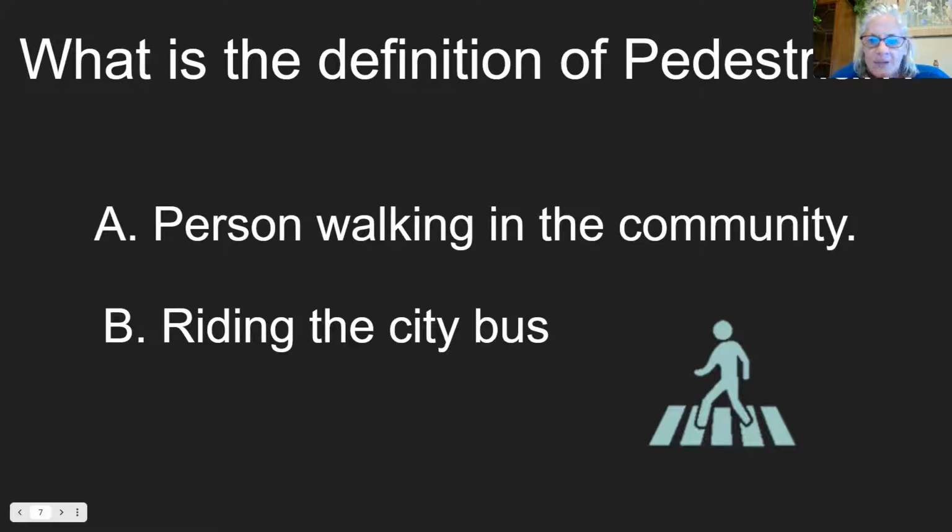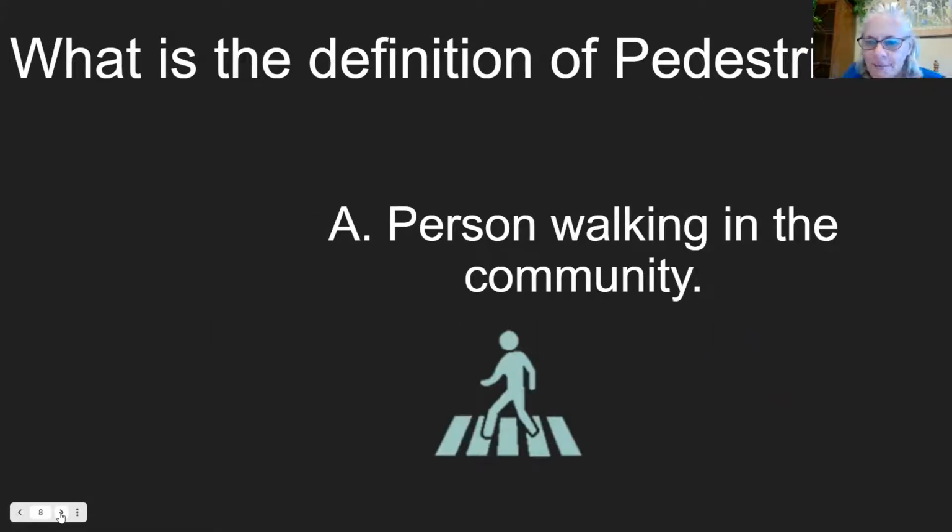Is it A, a person walking in the community, or B, riding the city bus? Write your answer on the whiteboard. You said A, a person walking in the community, you would be correct.